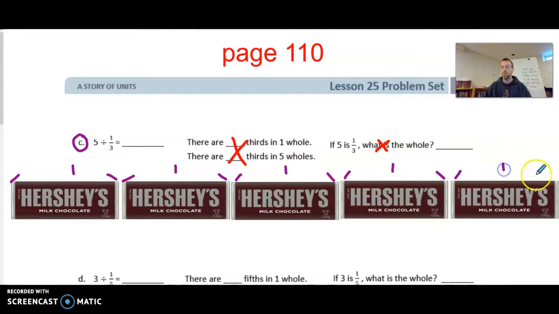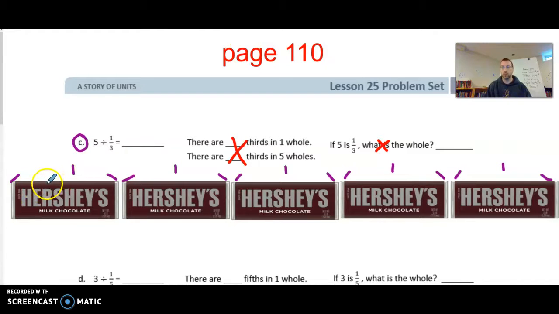And let's say I brought these 5 candy bars into school on the first day back from our closure. And I want to give some out for all the hard work that you've done. How many students are going to get the candy from me if I cut it all up into thirds?